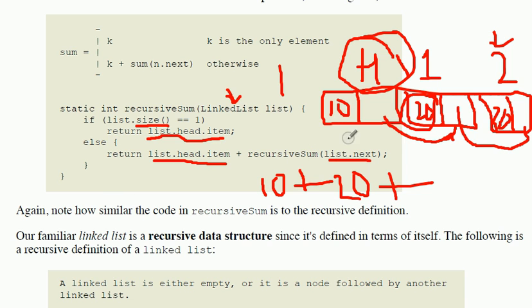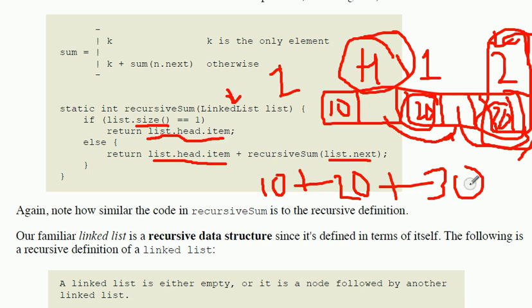Okay, 2. So now here's 2. Is it list.size, which is now 1? Yes, now the size is 1. This is the last one. So just return the item. No more calling the method. So the item is 30, which I told you to imagine. But this time we will not call the function again.